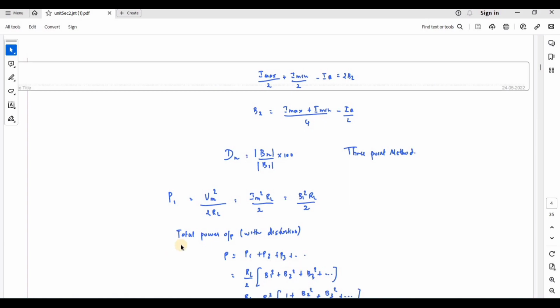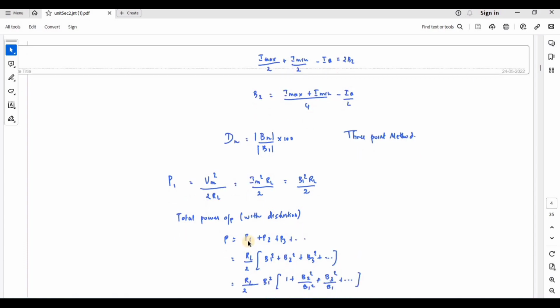If I want to get the total power output with distortion, P is equal to P1 plus P2 plus P3, and it goes on. So if I take P1 common, I will get 1 plus P2 divided by P1 plus P3 divided by P1, and it goes on.